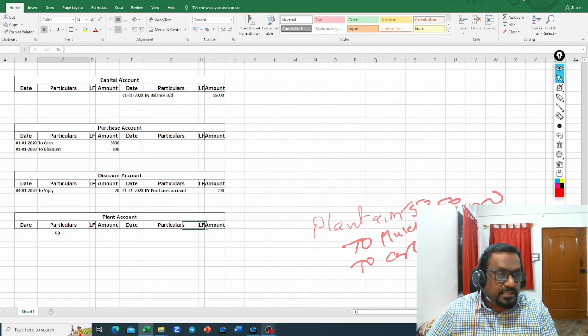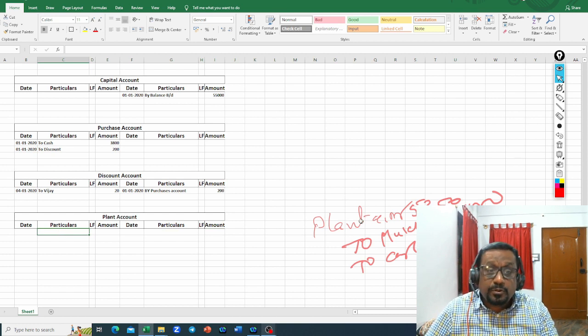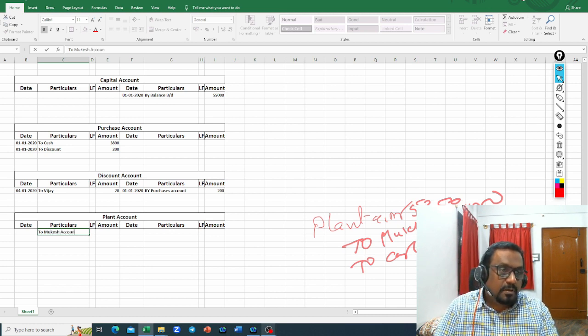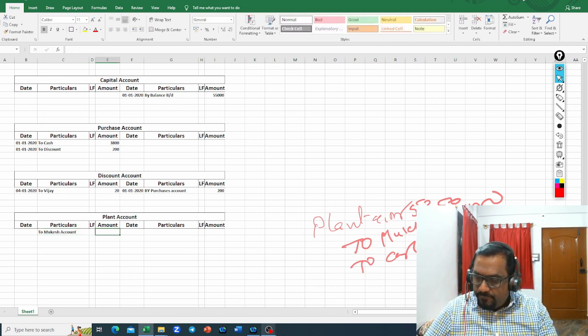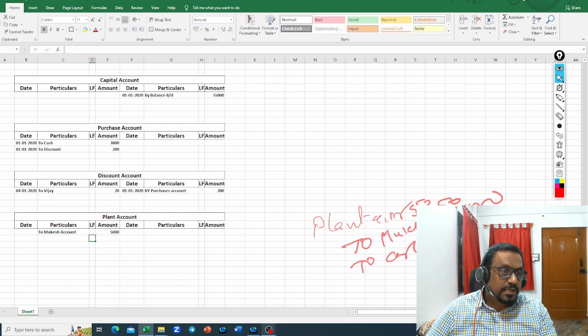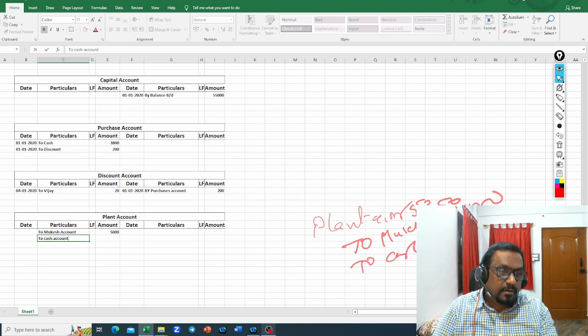So I need to write this in the debit side of the transaction. What am I supposed to write in the debit side? To Mukesh account, how much? 5,000. I have to pay 5,000 to Mukesh, and to cash account 300.